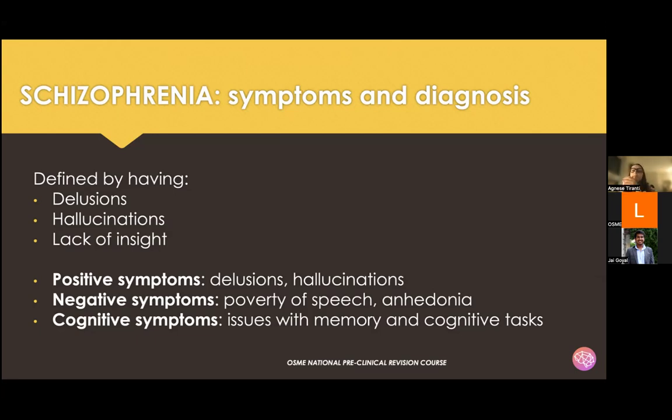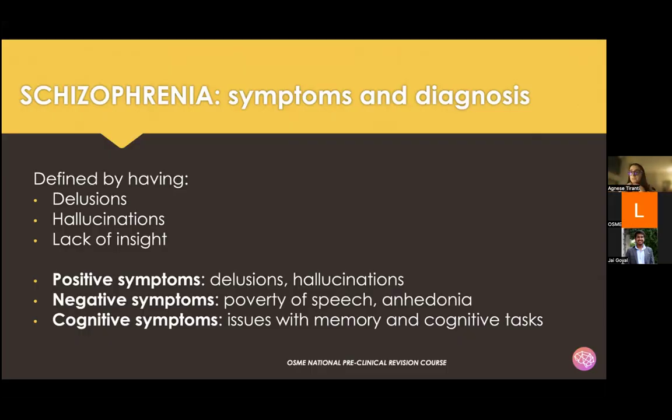So schizophrenia, key symptoms: delusions, hallucinations, and lack of insight. We can divide them into positive symptoms, negative symptoms, and cognitive symptoms. This is essential. Positive symptoms are what you wouldn't think a healthy person would have, but patients with schizophrenia have, so delusions or hallucinations.